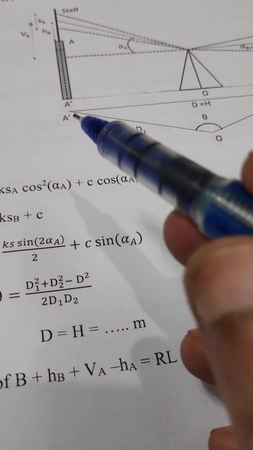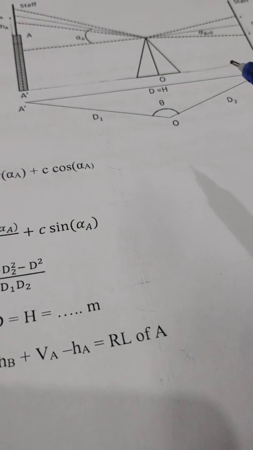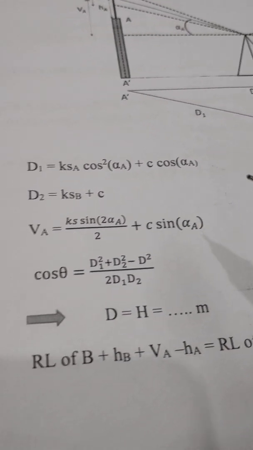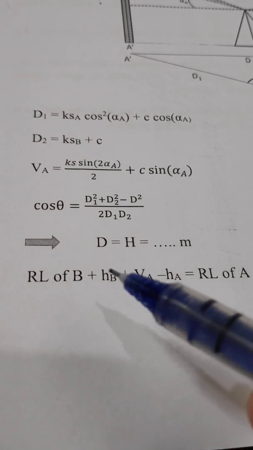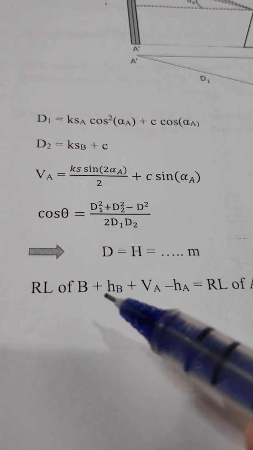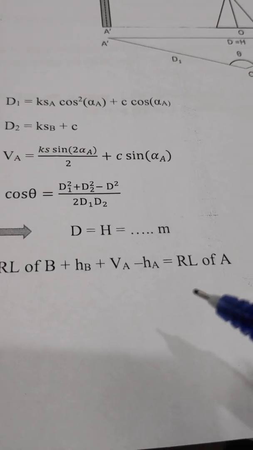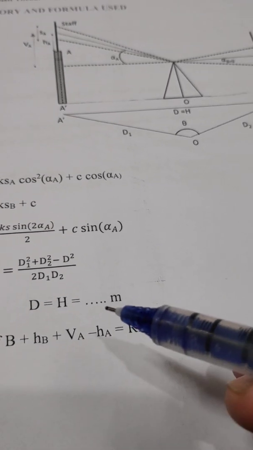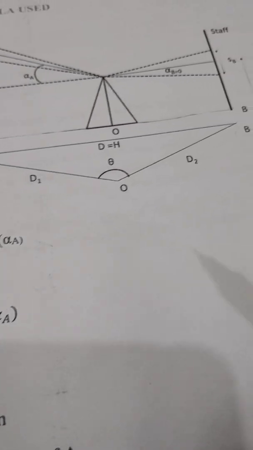Now you have to find out the vertical distance between point A, this point, and this point B. So how you will find it out? So here you see an equation is been given to you. RL of B plus HB plus VA minus HA is equal to RL of A. Now see the figure. RL of B plus HB.